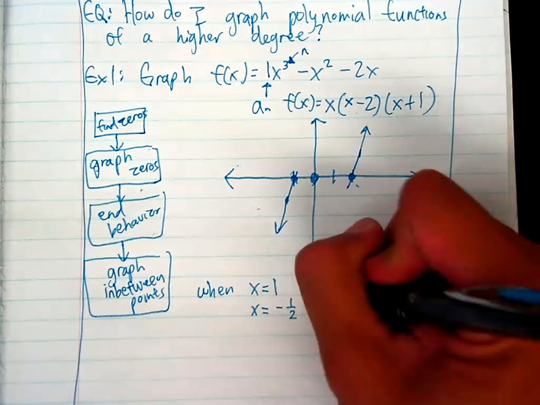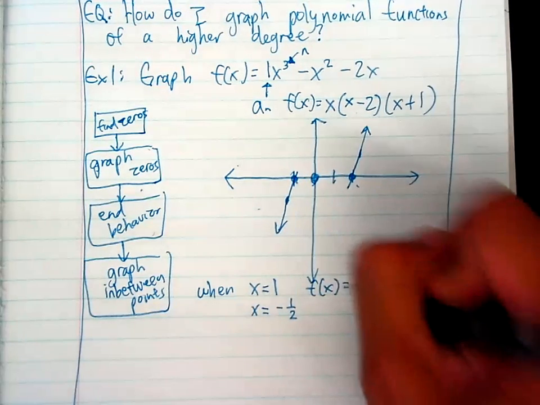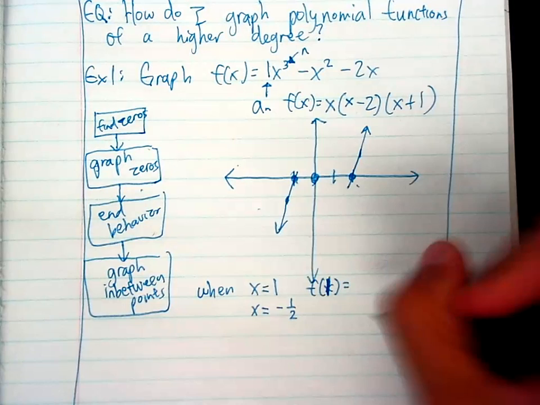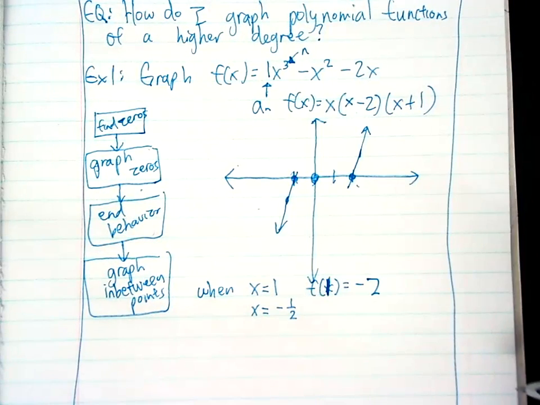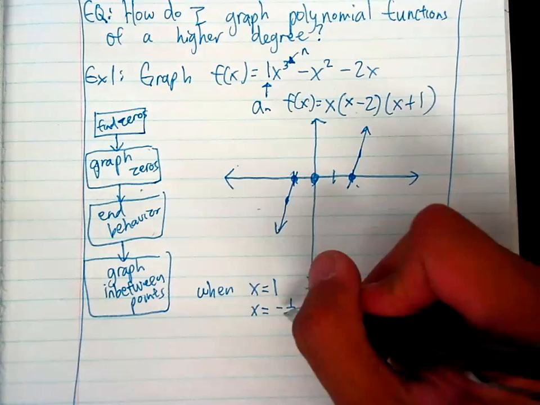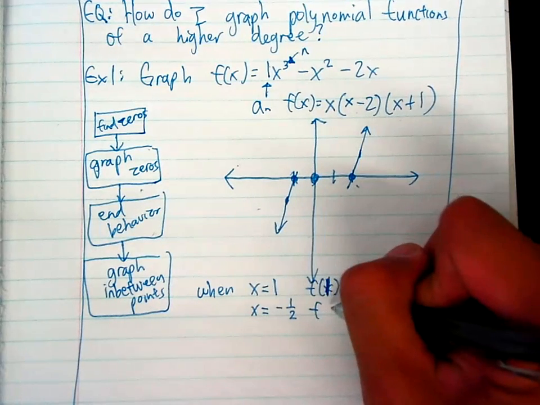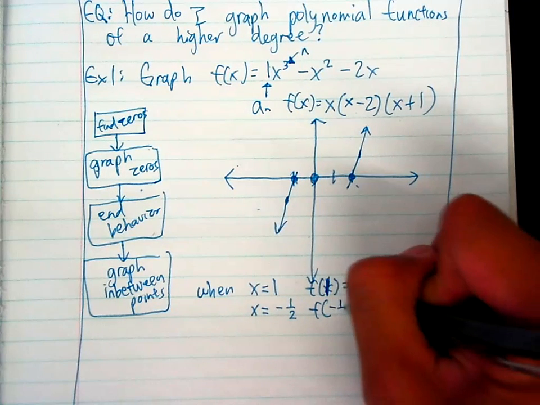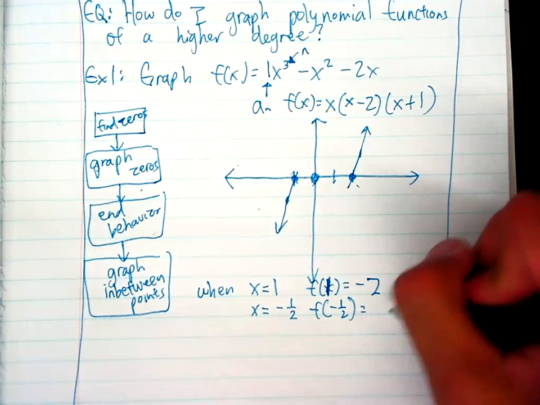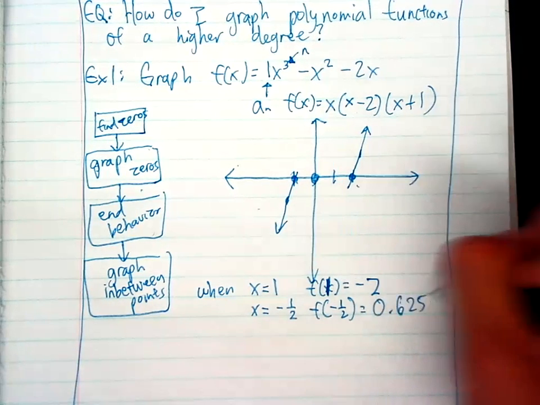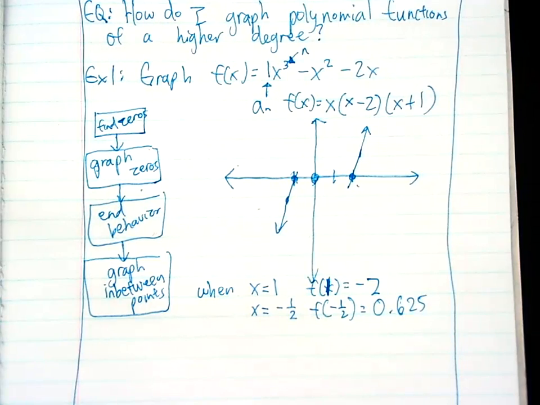So when x is 1, f of 1 is negative 2. Okay? And then when x is negative 1/2, f of negative 1/2 is 0.625. Okay? I just plugged it in.